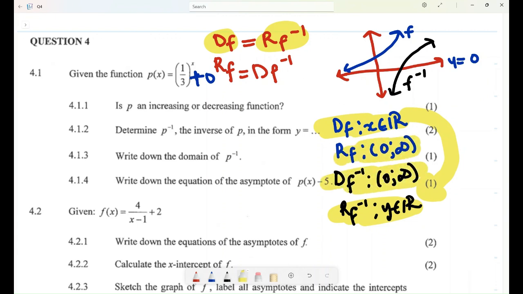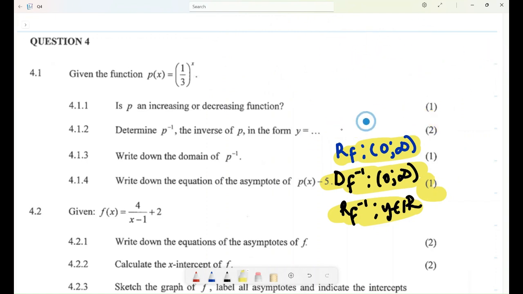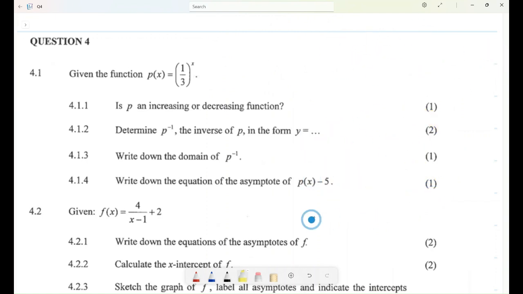Indeed, you just change y to x, then you are done. Take note of this, these are very important. I'm erasing this. All right, now they say to us, now let's look at this function. It is like this, right?